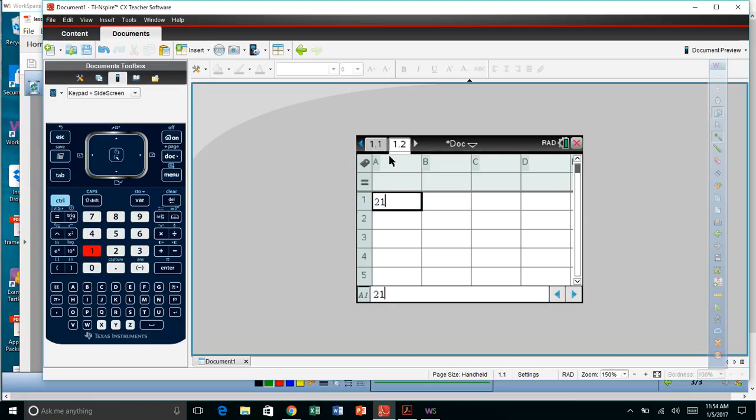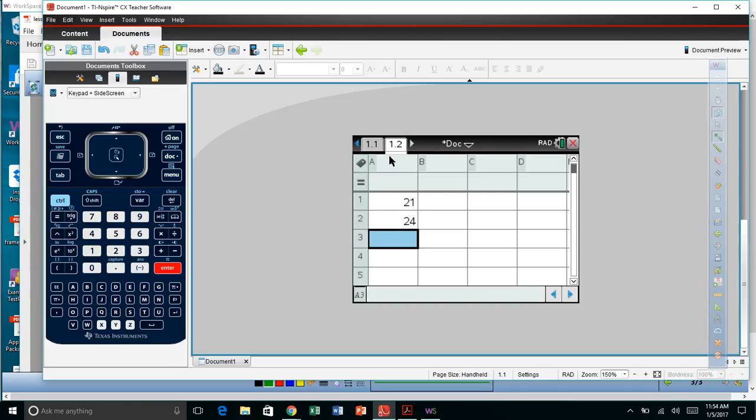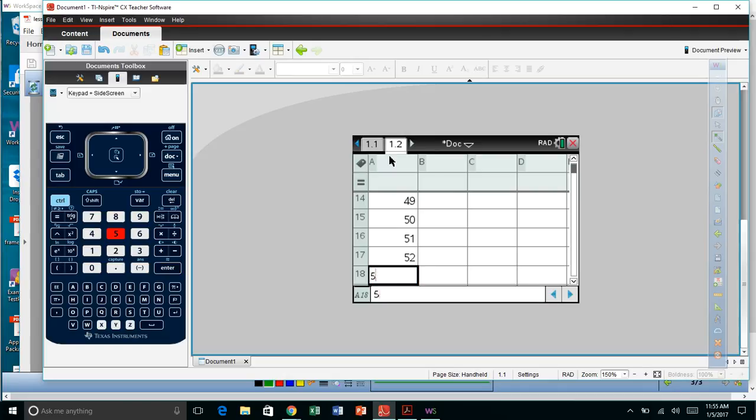Let's see, we got 21, 24, 26, 28, 30, 32, 33, 35, 37, 41, 44, 46, 47, 49, 50, 51, 52, 54, 55, 57, 58, 62, 62, 64, 64, 65, 70, 71, 73, and 80.